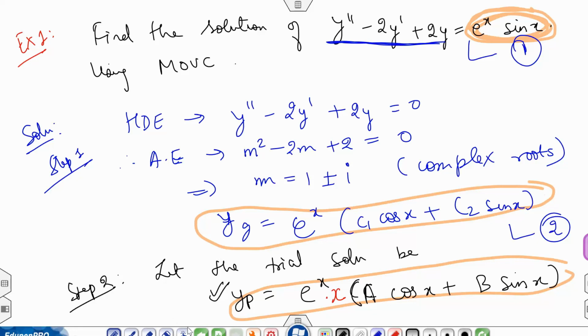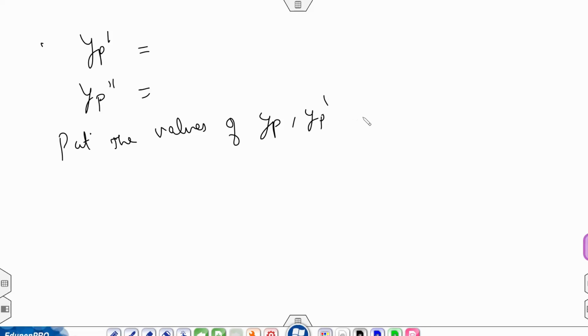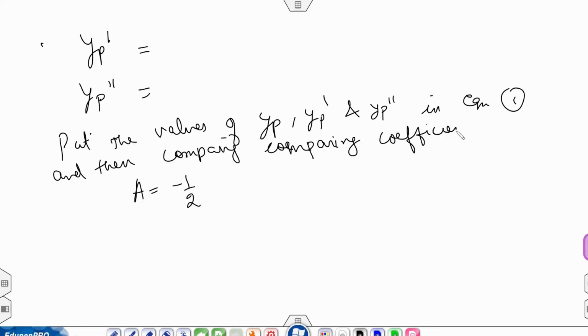Again, you know the step, you need to check that your yp is properly selected. You need to find yp' and yp'', and then put the values of yp' and yp'' in equation 1, then solve and compare coefficients.